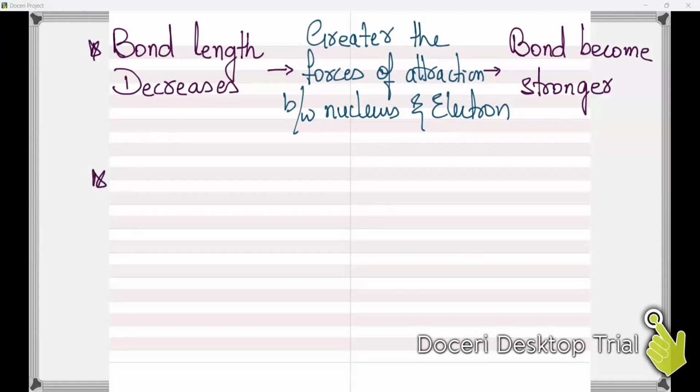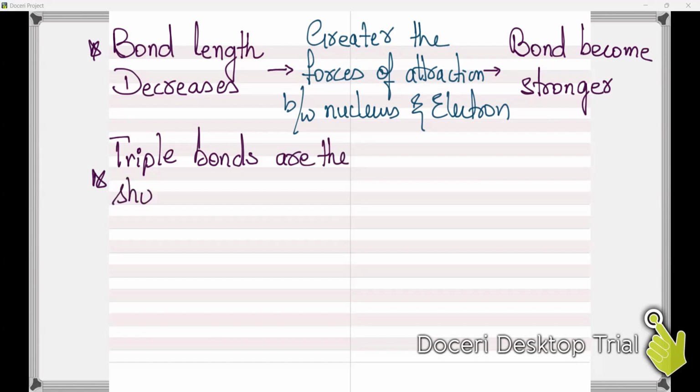So if I ask you which one will have the shortest length of bond: single, double, or triple? According to this concept, that should be the strongest bond. Is that right? Let's write it. They are the shortest, which means the strongest covalent bonds.